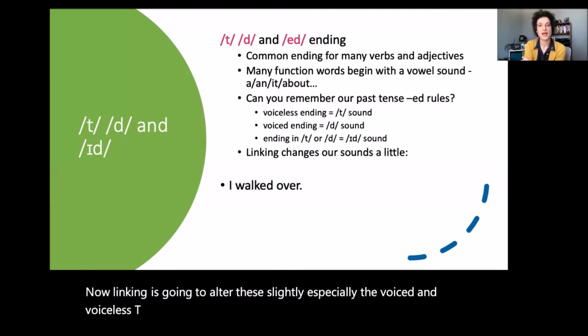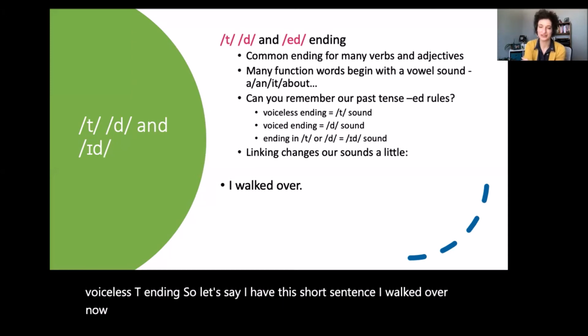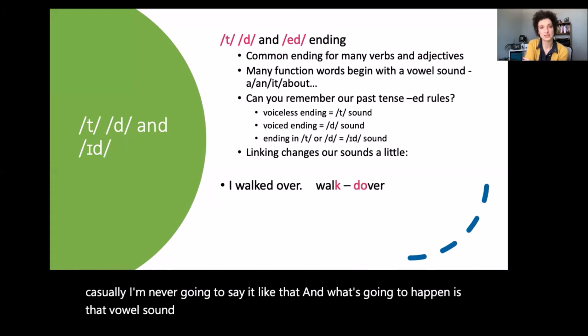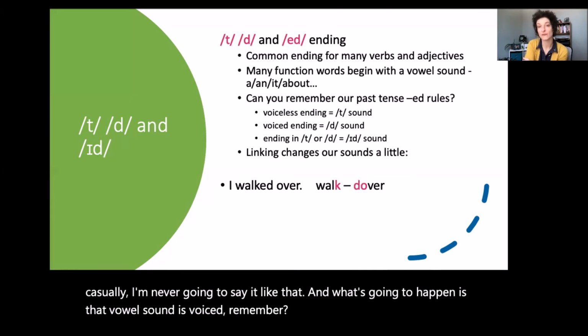So let's say I have this short sentence, I walked over. Now I'm pronouncing that very carefully, walked over. But if I'm speaking casually, I'm never going to say it like that. What's going to happen is that vowel sound is voiced. Remember, all vowel sounds are voiced.